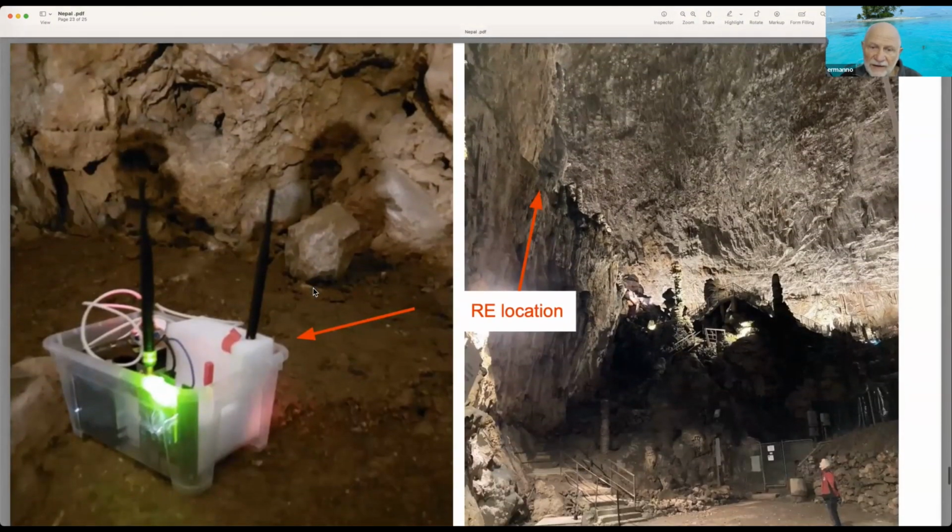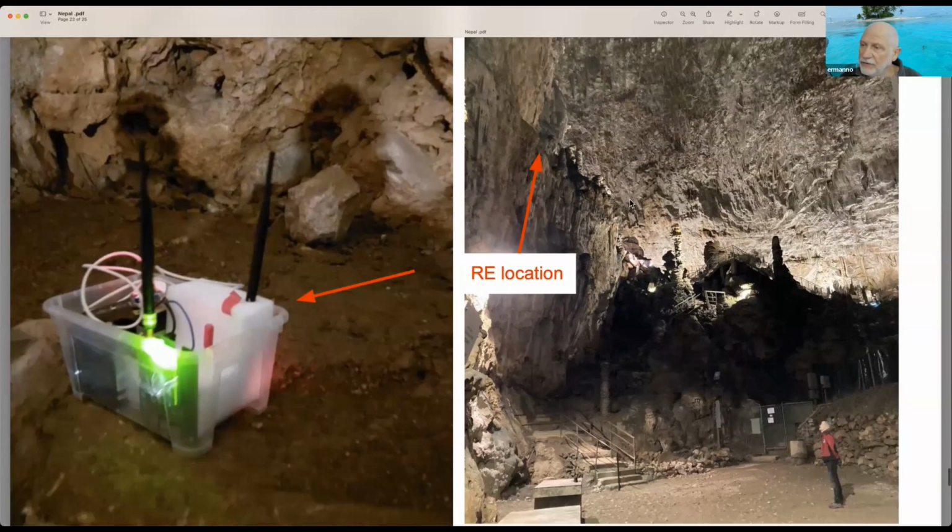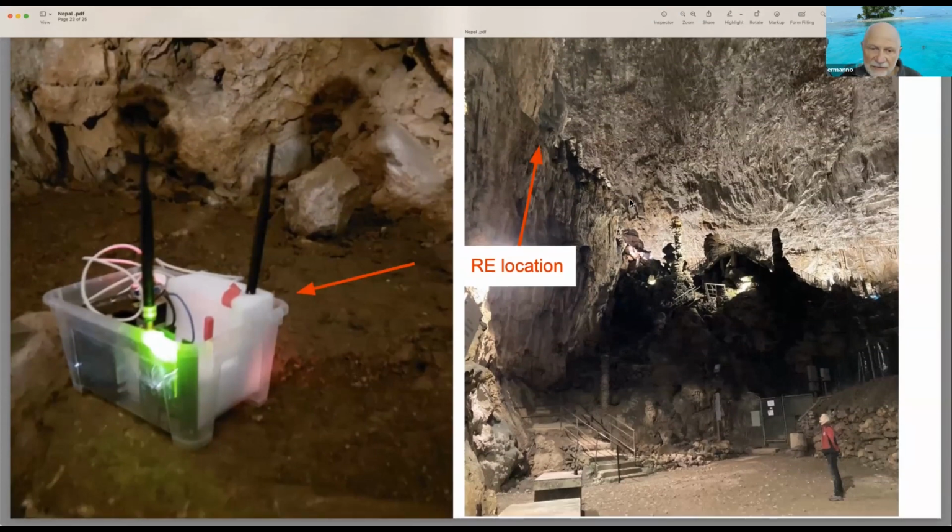This is an example, a real photograph of the cave we used for this particular application. And we were using this version of the range extender because there are many versions, as I showed you before. And the position of this range extender was exactly in here. And we had sensor in the floor, and the floor is 100 meters below the opening of the ceiling.